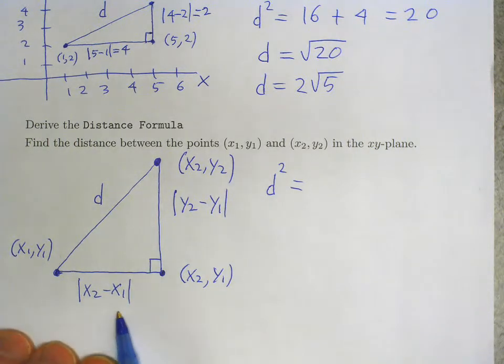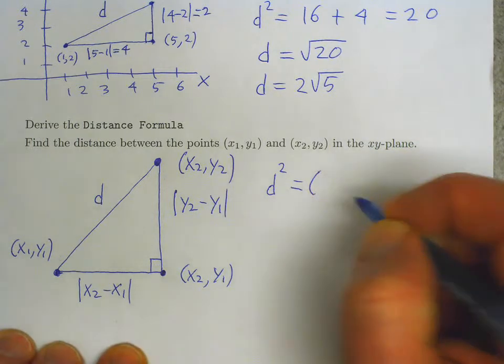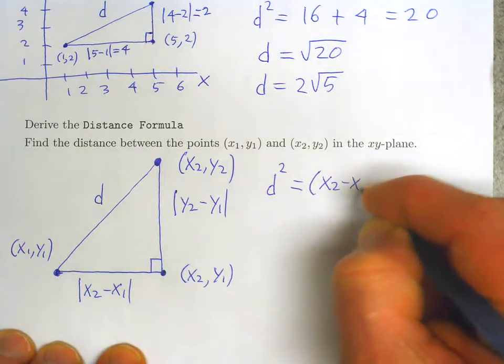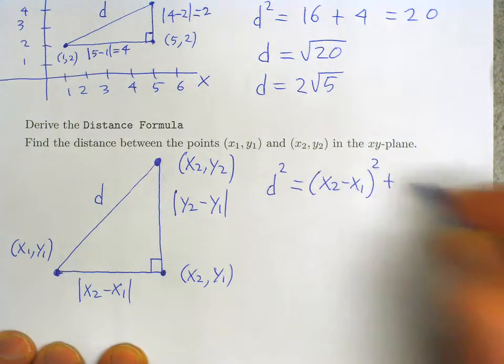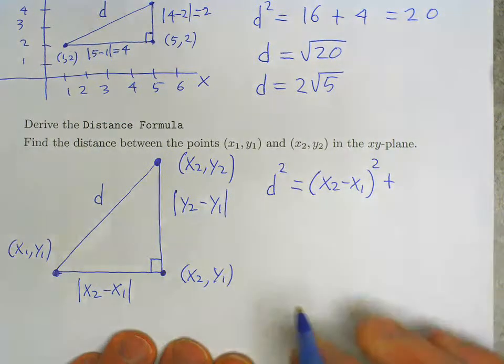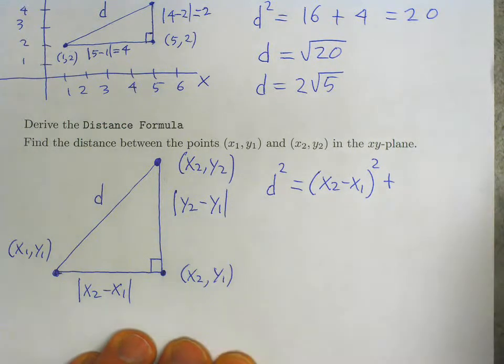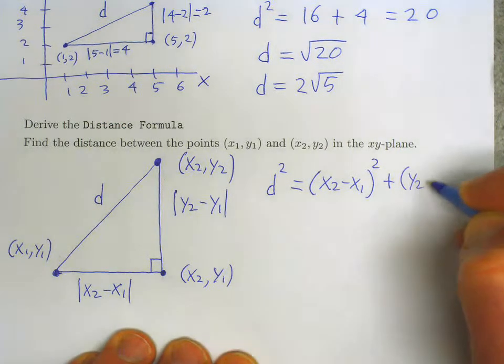Since we're squaring it, we don't need the absolute value symbols anymore, because when you square a positive number, you get a positive number, and when you square a negative number, you get a positive number. So we'll just put x2 minus x1 in parentheses and square that quantity, and then we're going to add that to the quantity y2 minus y1 squared.